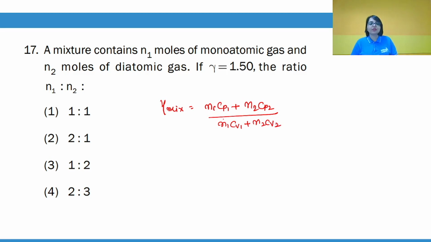By putting the values of Cp and Cv of monoatomic and diatomic gas, you get the N1 equals N2 relation, right? So the correct answer will be option 1, which is 1 is to 1.